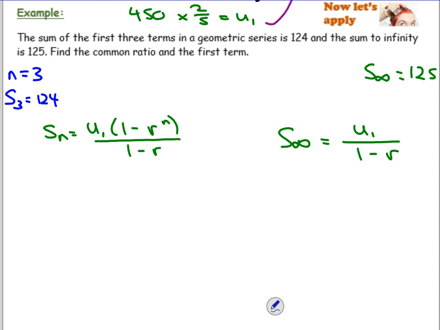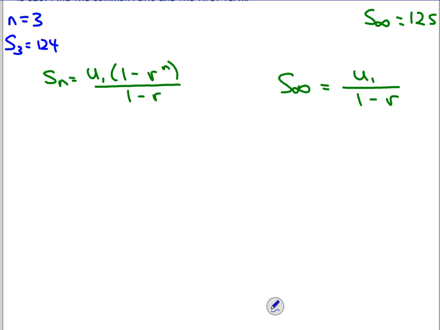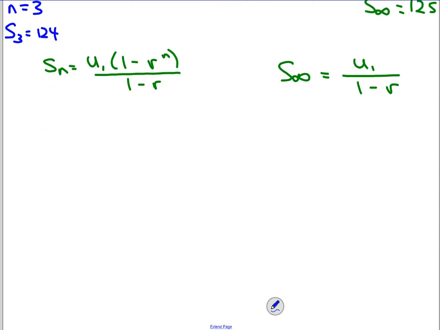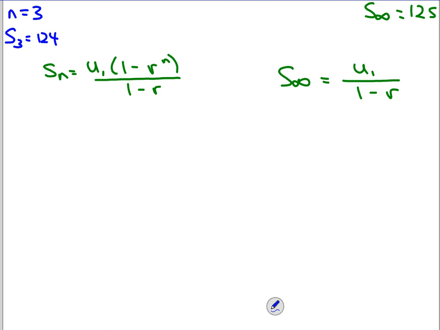And then you'll probably see when you put some numbers in, you'll be able to equate a few things and rearrange and solve for r. So let's start to do that with our blue one. Our sum of three terms in this case is 124 equals, we don't know what u of 1 is, so let's just leave u of 1, and then it's bracket 1 minus r to the n.